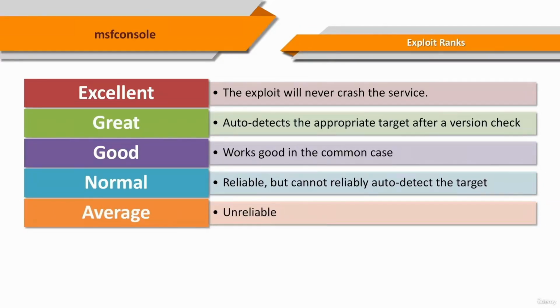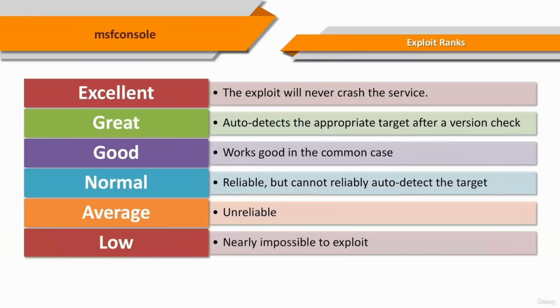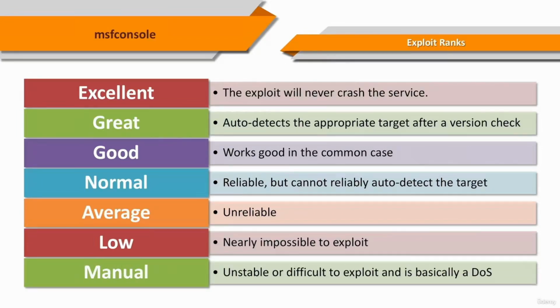Average, the exploit is generally unreliable or difficult to exploit. And low, the exploit is nearly impossible to exploit, or under 50% success rate for common platforms. And manual, the exploit is unstable or difficult to exploit and is basically a DOS.